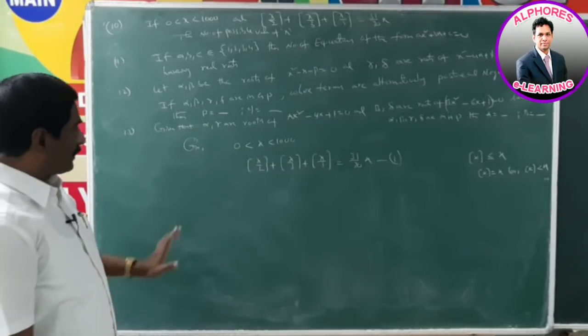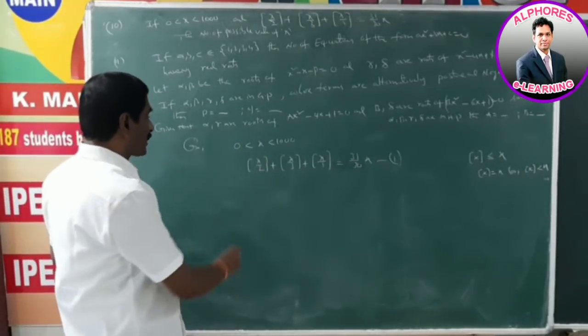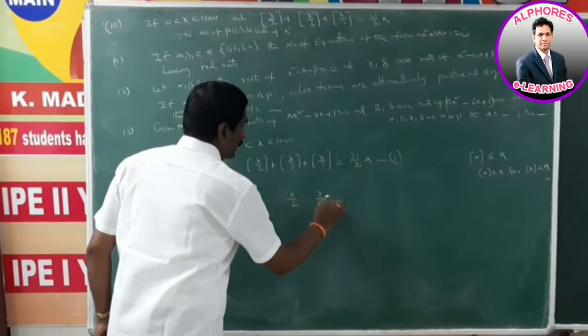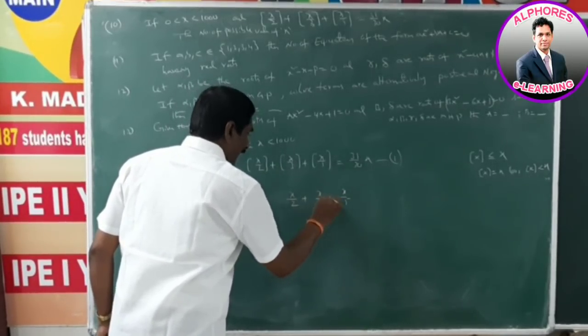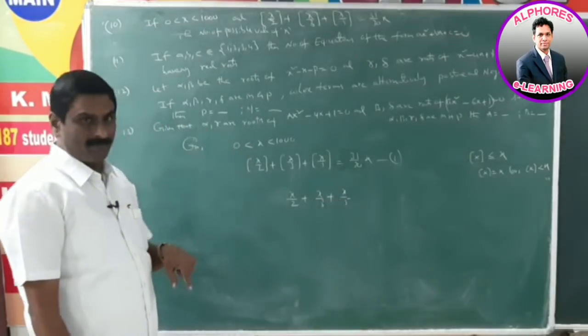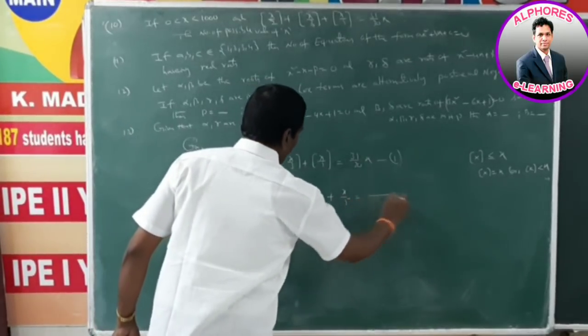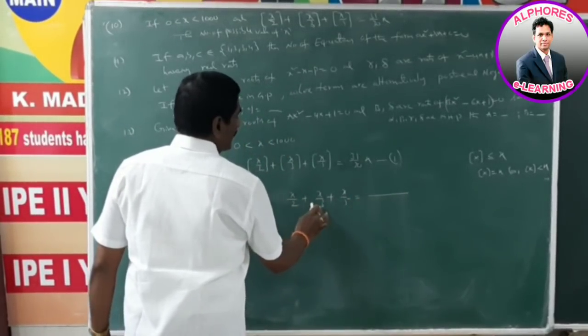Okay. But from the given equation, the first term is x/2, the second term is x/3, the third term is x/5. Suppose we add these values without the step function: x/2 + x/3 + x/5. The LCM is 2 into 3, 6, 6 into 5, 30.